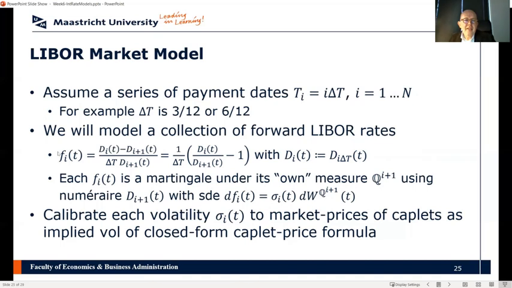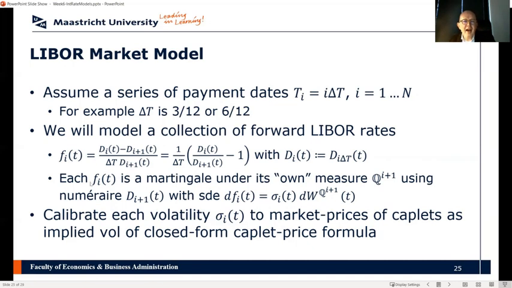And what we know is that each forward LIBOR rate F_i is a martingale under its own probability measure Q^{i+1}. And the martingale measure Q superscript i plus 1 belongs to the choice of numeraire discount factor with maturity T_{i+1}.